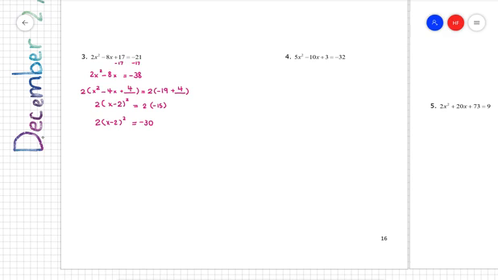And then to write my answer, I'll move that negative 30 over by changing its sign. So we have 2 times x minus 2 squared plus 30 equals 0. Again, if it helps you to write plus 30, in order to know that you have to change its sign, then go ahead and do that.